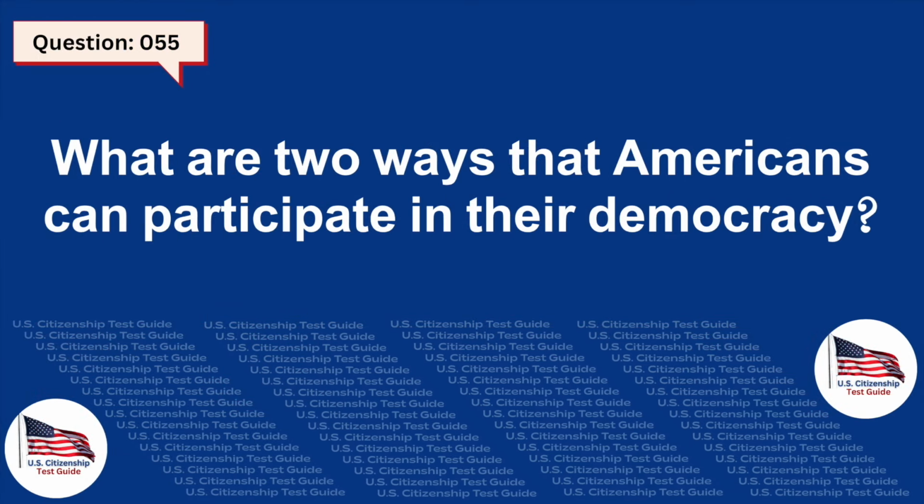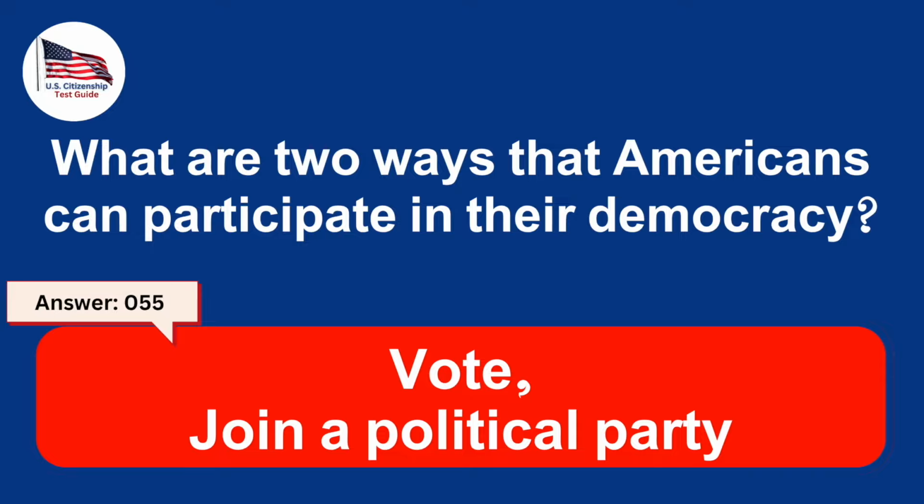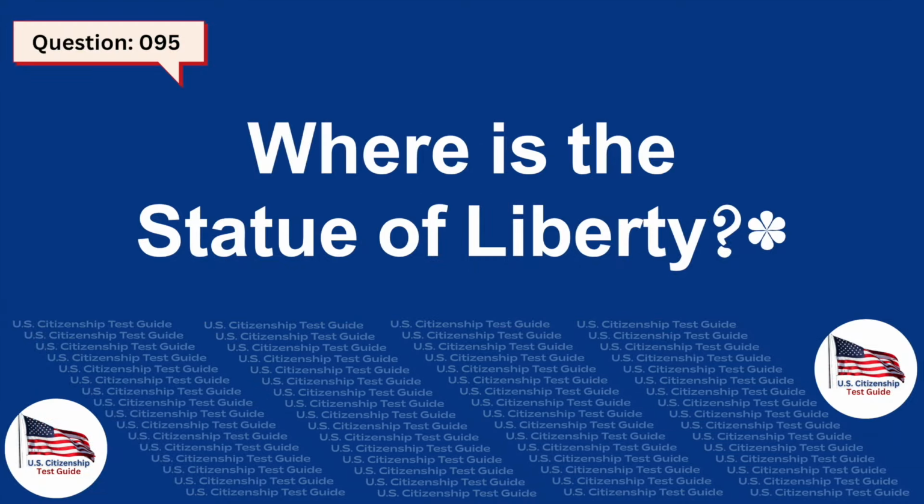What are two ways that Americans can participate in their democracy? Vote. Join a political party. Where is the Statue of Liberty?